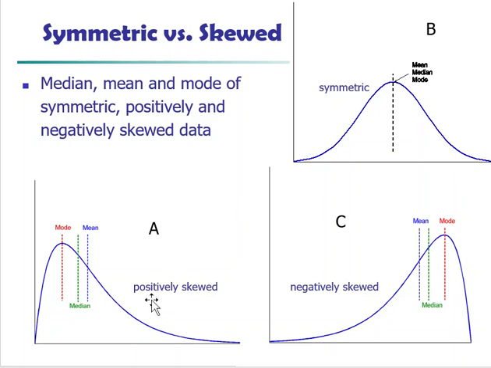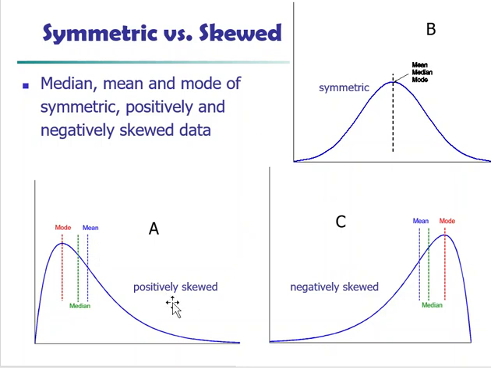When your data are positively skewed, with a long tail towards the positive direction of the coordinates, or negatively skewed, with a very long tail towards the negative direction, then the mode, median and mean may not be the same.